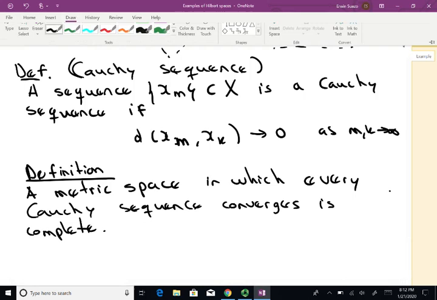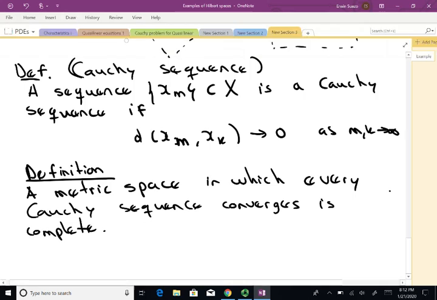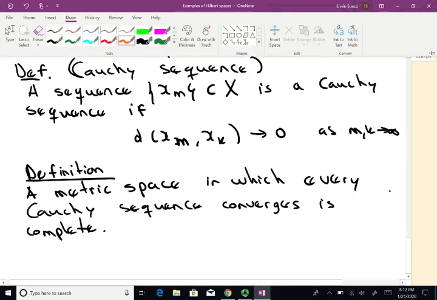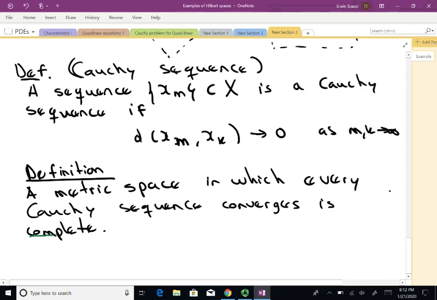So if you are in a space where every Cauchy sequence converges, it is called complete.